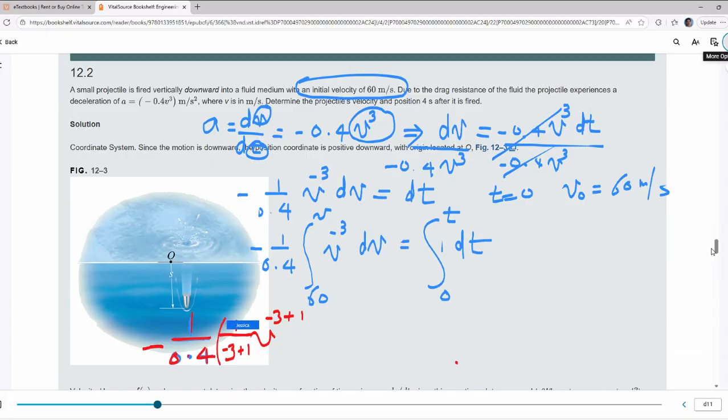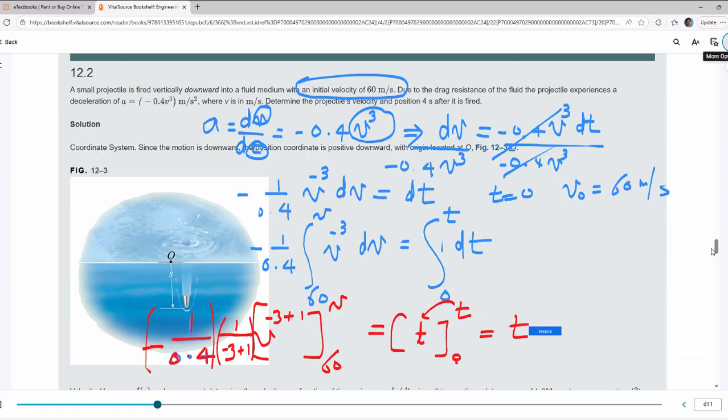This is it. Okay, then from 60 to any velocity v. The right-hand side is straightforward. The antiderivative of 1 with respect to t is t. Low limit 0, upper limit t. So this is simply t minus 0, simply t. Okay, this is it. Then a little bit of cleanup.